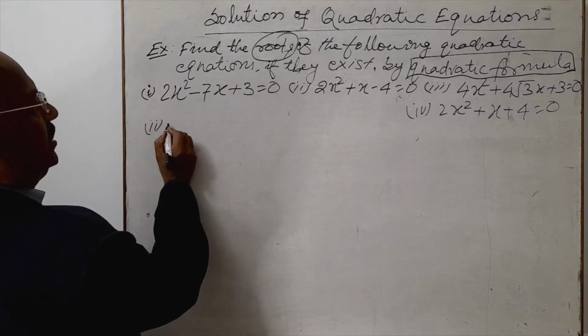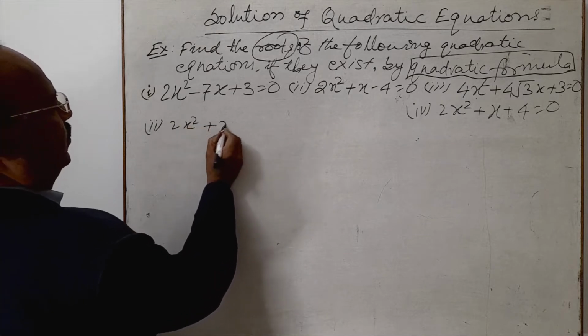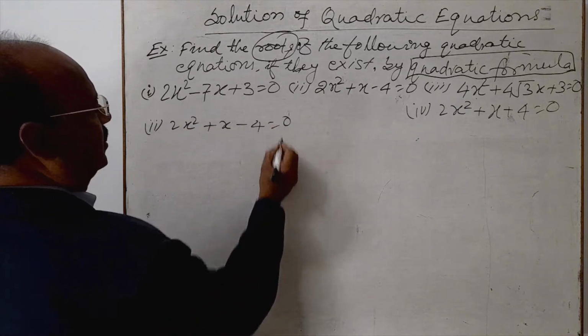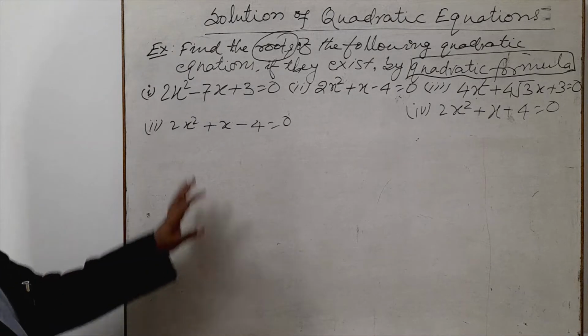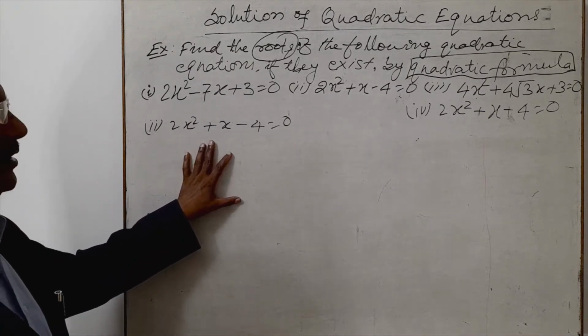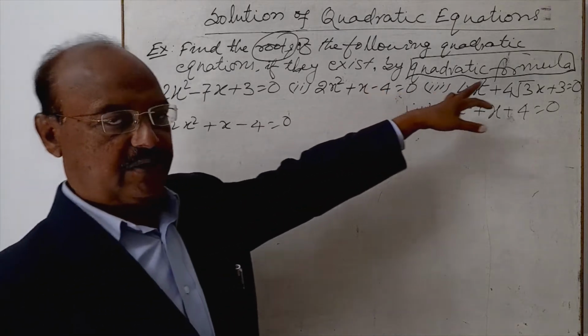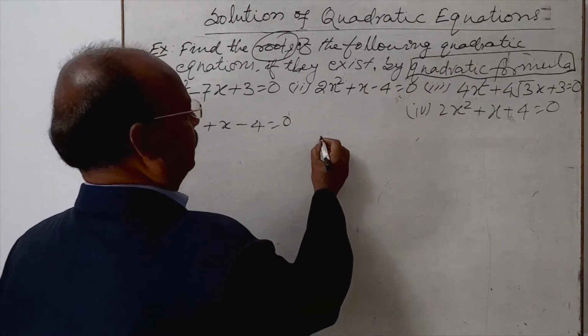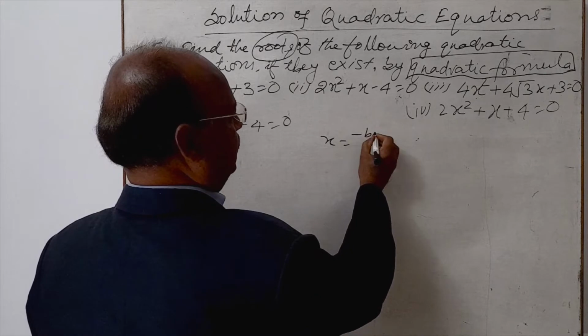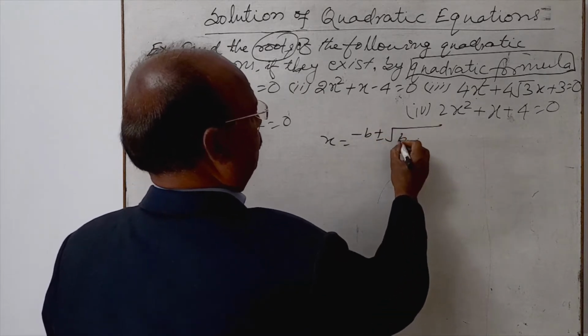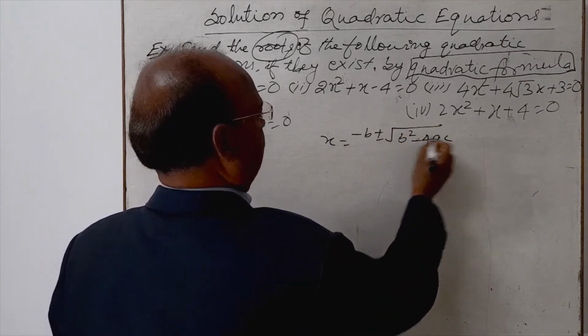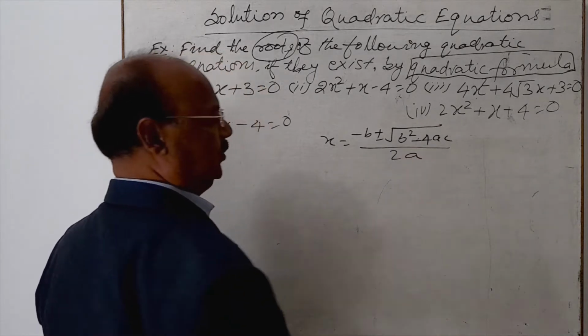Here the second question is 2x square plus x minus 4 is equal to 0. So you will get the value of x, the solution, the root of this quadratic equation by quadratic formula. And you know the quadratic formula is x is equal to minus b plus minus root over b square minus 4ac, divided by 2a.